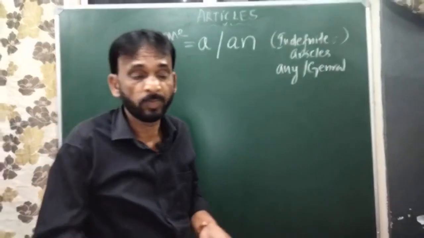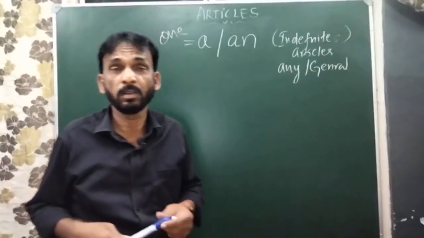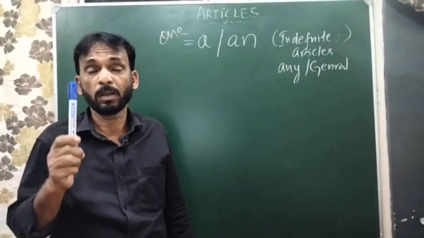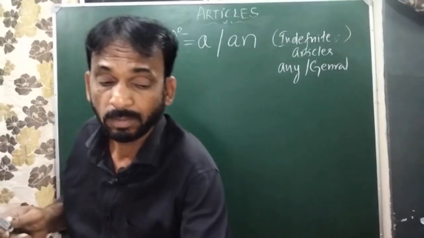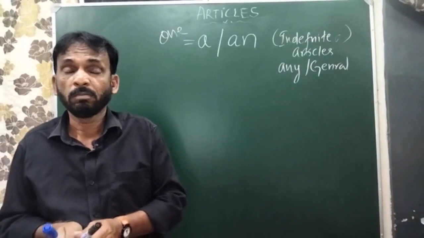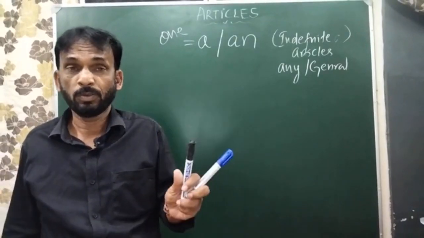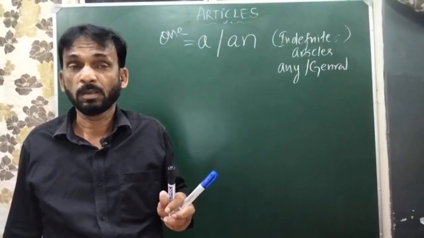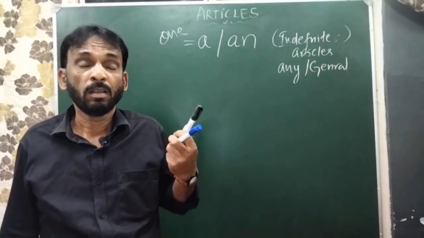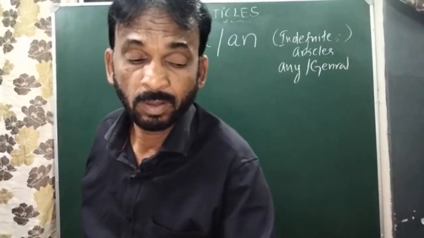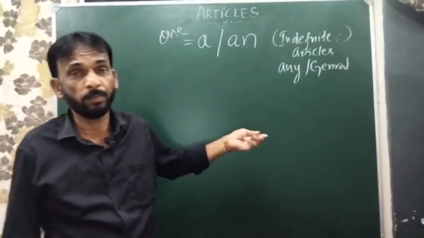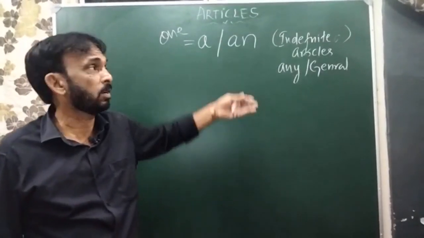For example, here it is a marker, so a marker means one marker. Now I have two, so we can count these markers. So this is a countable noun. This bird, it is also countable.